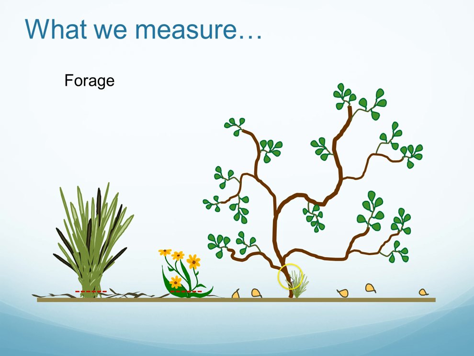This plant here is not available to a grazing animal if you assume that this shrub is going to impede an animal from being able to get to that grass, and so it would not be included in a measurement of herbaceous forage.